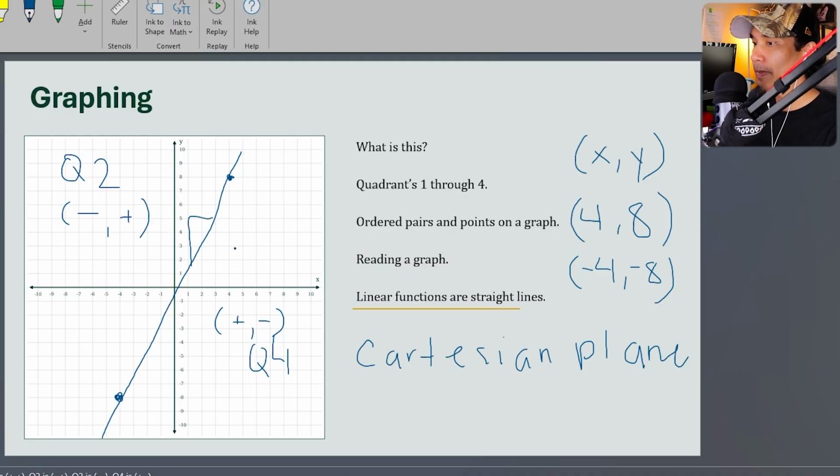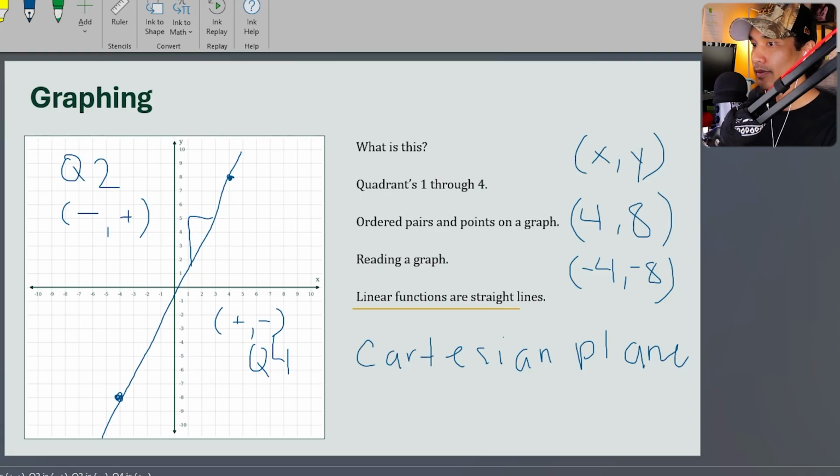Rise over run. And then we could find where the line intersects the y-axis, or what we would call the y-intercept. We'll continue on to the next slide for linear functions.